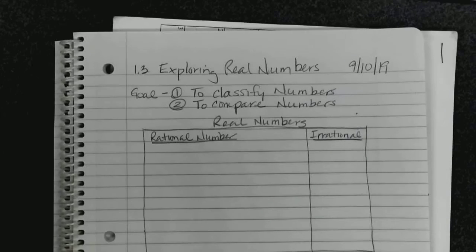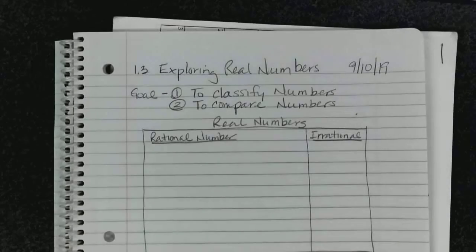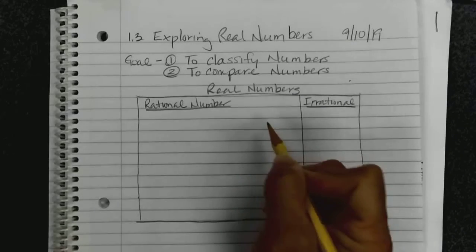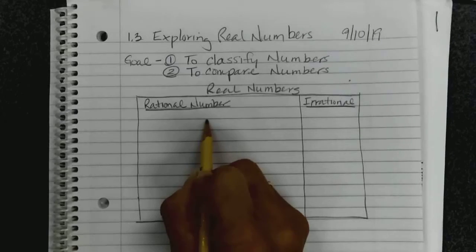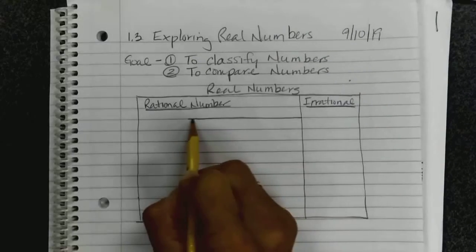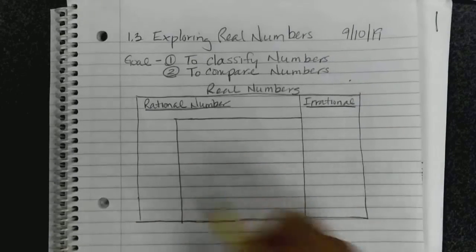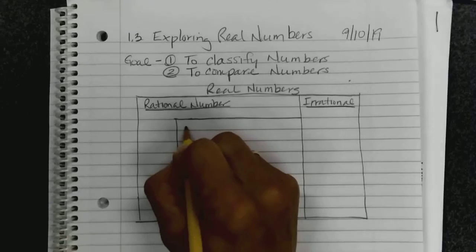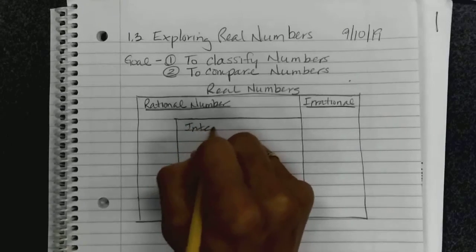About this big, but it's hard to say. Alright, so inside the rational numbers, I'm going to draw another box. Inside that box, we have numbers that are integers. The box is too small, so remake it then.